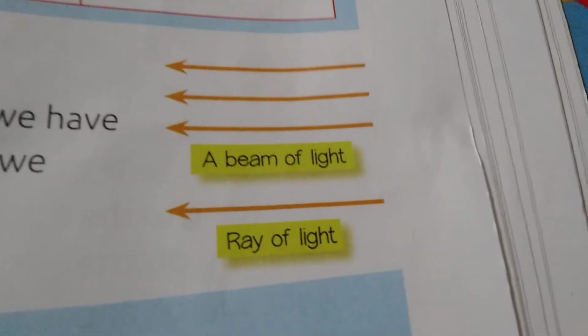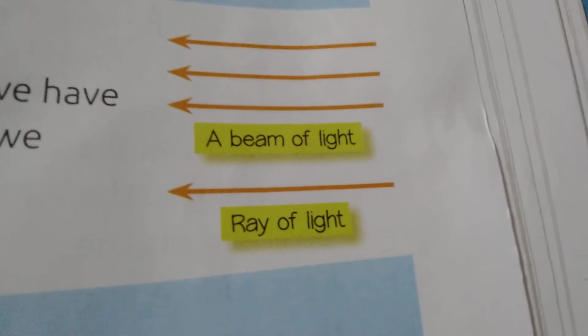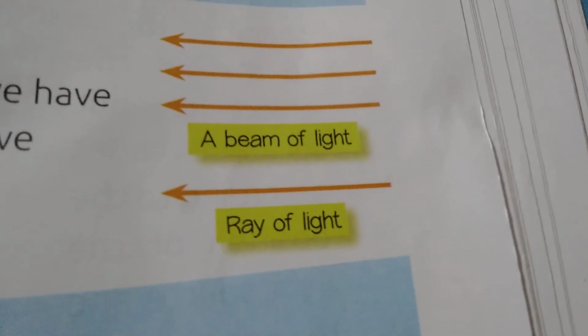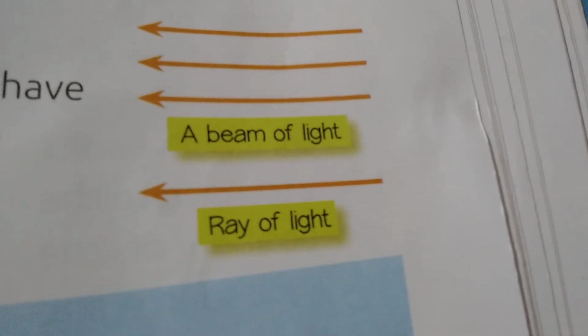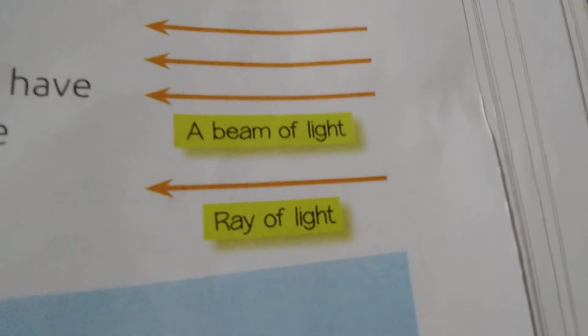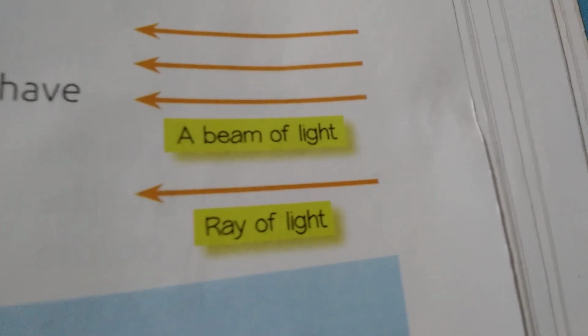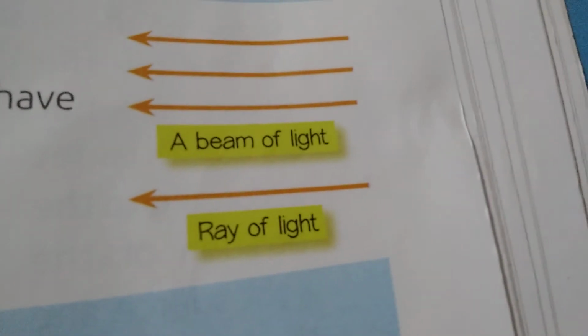A unique property of light is that in any given medium, it travels in a straight line. It cannot bend around objects. When the path of light is blocked by an object, light changes its direction.